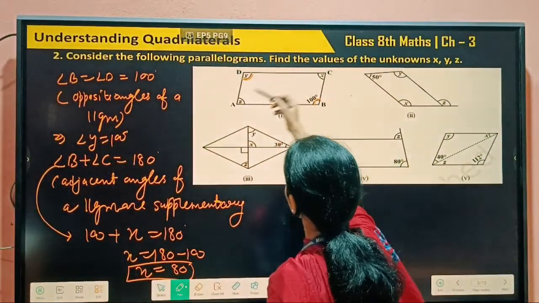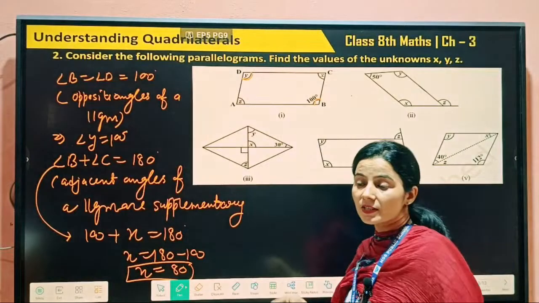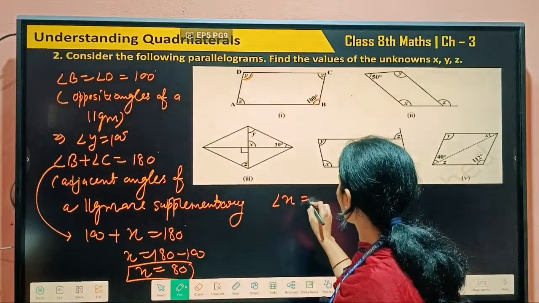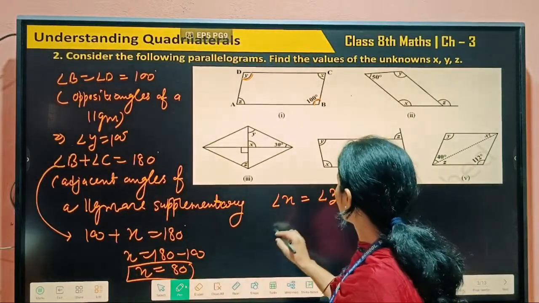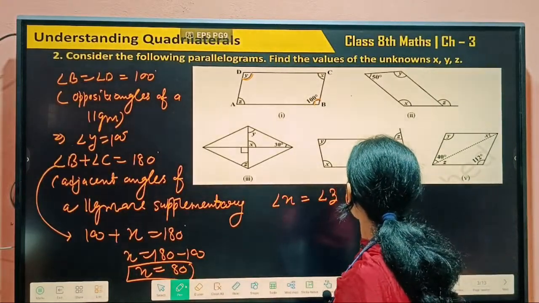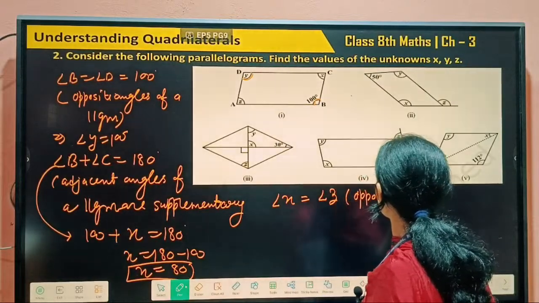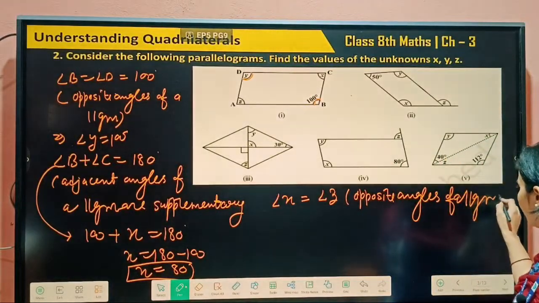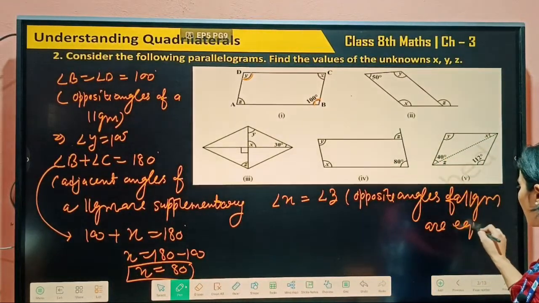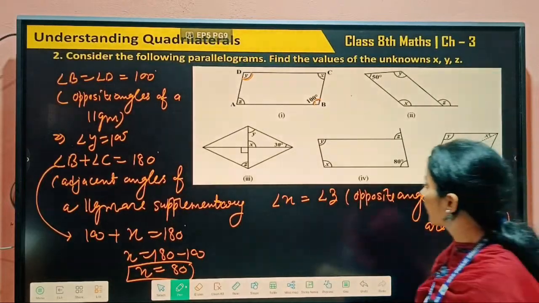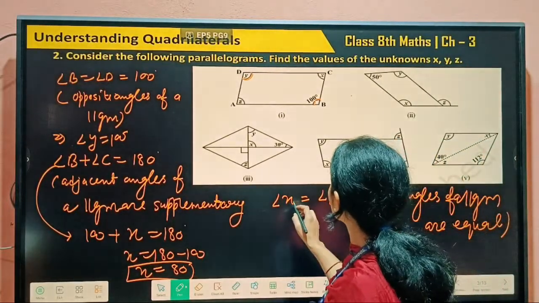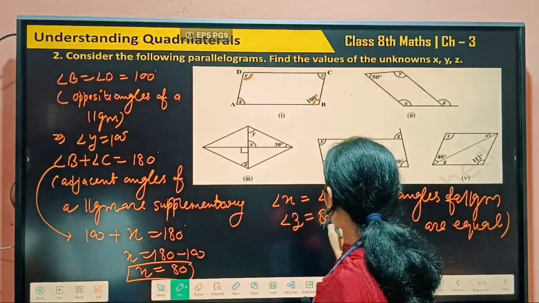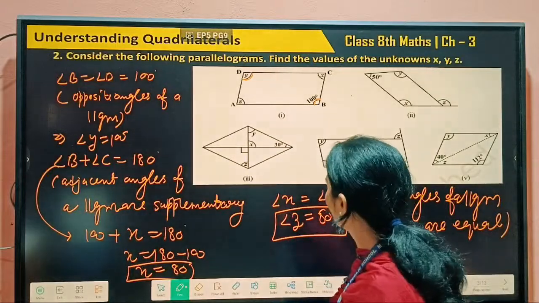Now this x is opposite of angle A. Angle x equals angle z, because opposite angles of a parallelogram are equal. It means angle z is also 80 degrees.